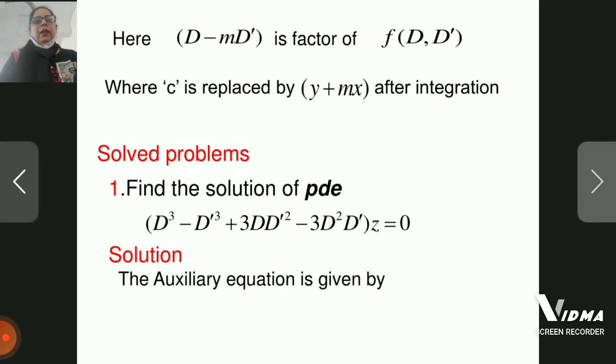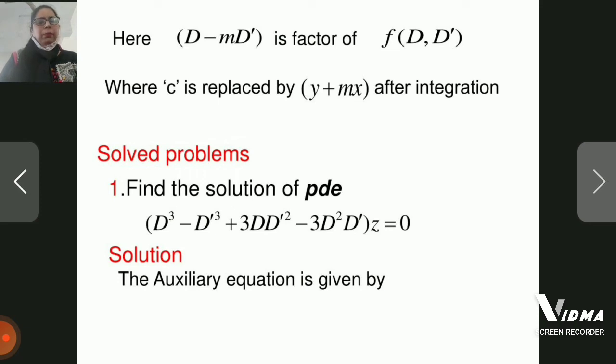Now we have to talk about some solved examples. First, find the solution of the PDE (D^3 - D'^3 + 3D'^2 - 3D^2 D') z = 0. Then what is the solution for this PDE?